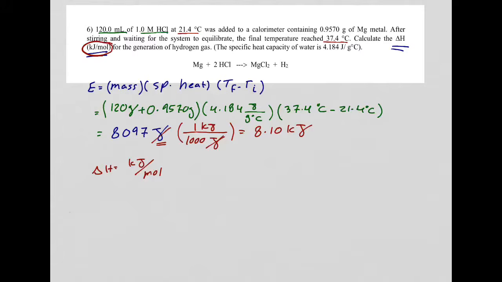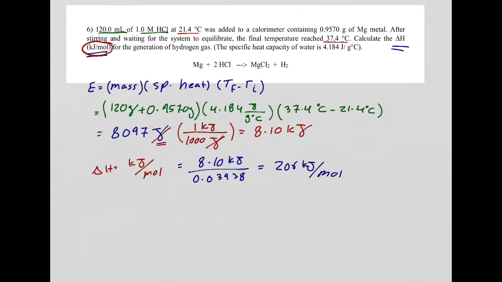So my kilojoules was 8.10 kilojoules over my moles, 0.03938. So what I end up getting is 206 kilojoules per mole.